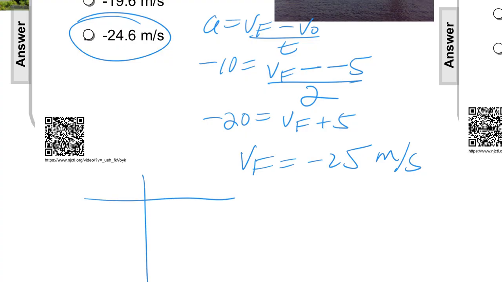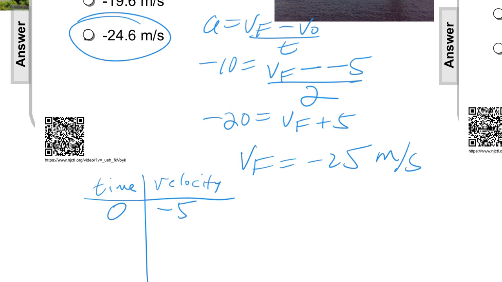So they kind of make a little table. And here's the time. And here's the speed. Oh, actually velocity. So at time 0, when it came off his hand, it was going -5.